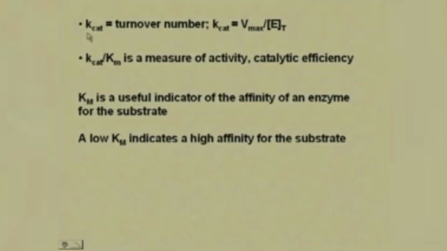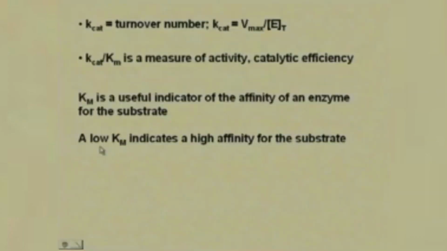Kcat is actually K2. So together they can give us some idea about the activity or the catalytic efficiency. If we have a high value for Kcat or K2, then what do we have? We have a high measure of the catalytic efficiency, so the enzyme is more efficient.